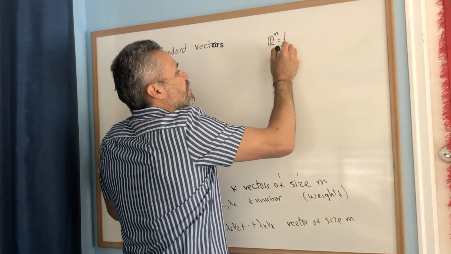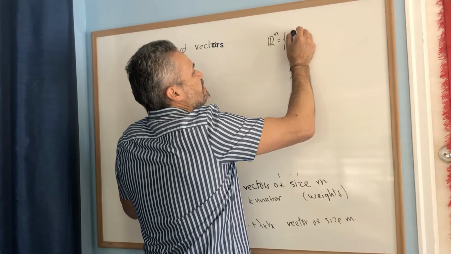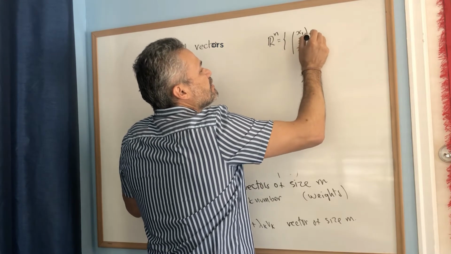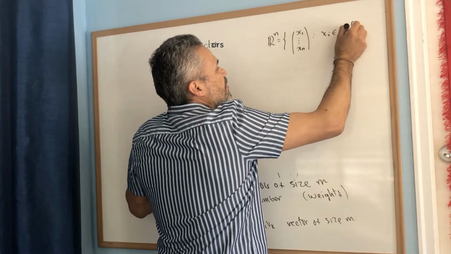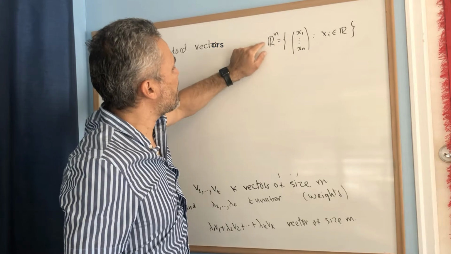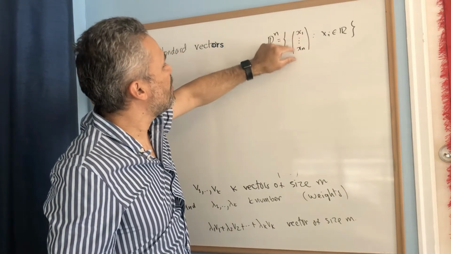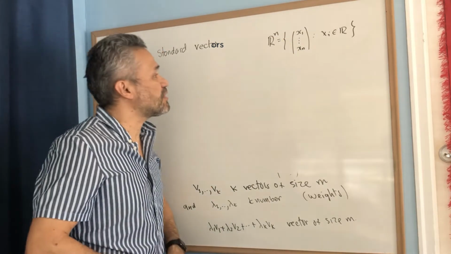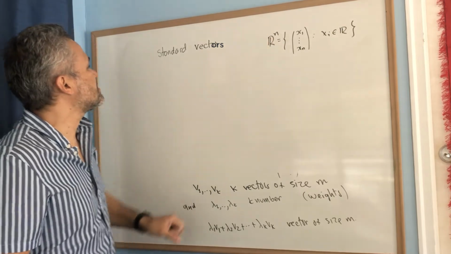This is the set of vectors of size n. That means that these vectors are like x1 up to xn, such that each one is a real number. Then here we collect all the vectors. Rn is the collection of all the vectors of size n, where each of the entries are going to be real numbers. Sometimes we will be talking about complex numbers too, but in this case it's just Rn.